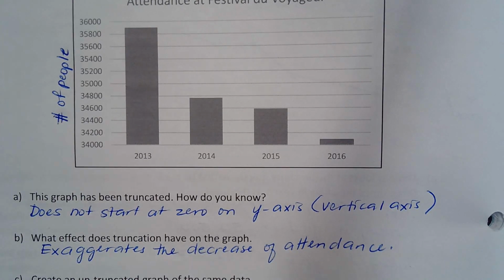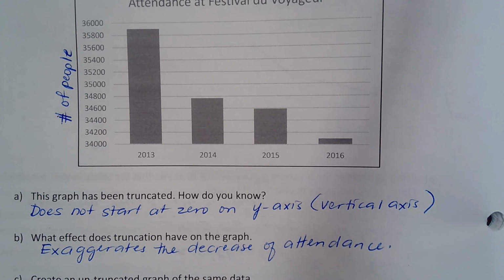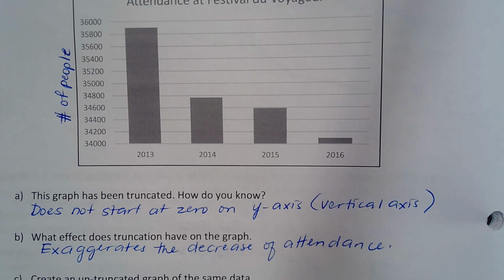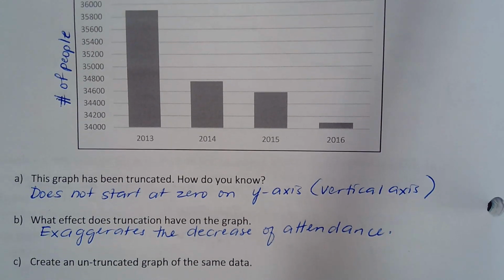So it looks like, wow, by 2017, it seems like no one's going to attend anymore, right? Just by the looks of the graph, looking at the trend, it looks like by 2017 there's no more Festival de Voyageurs. Which is so sad, because it's like a lost culture.